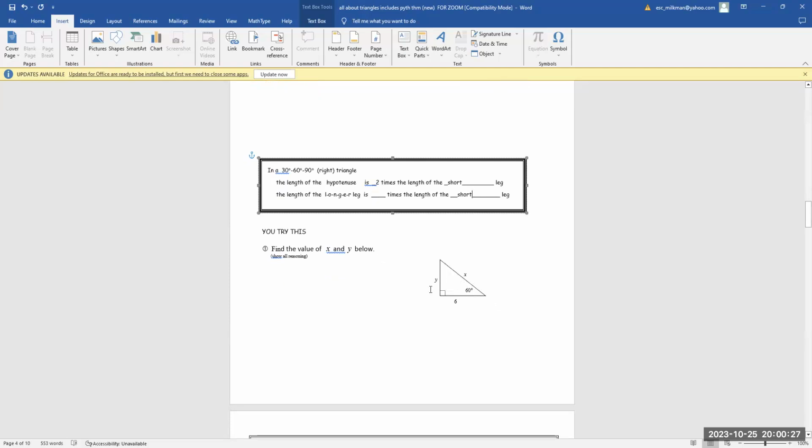We have a missing side y and a missing side x. It says find the value of x and y below. So we're going to stop the video and I'm going to see if you can do that problem, and maybe you'll be singing my song. When you need to find the long leg, just multiply the short leg by root 3. Let's see if you can do this on your own. So I'm going to stop sharing. I'm going to pause the record.